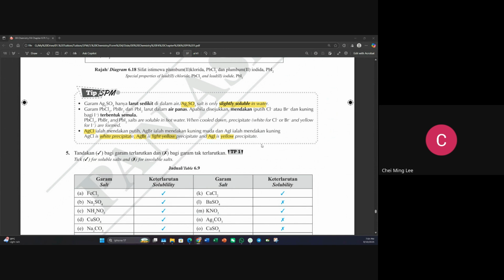These are the colors that you have to remember.